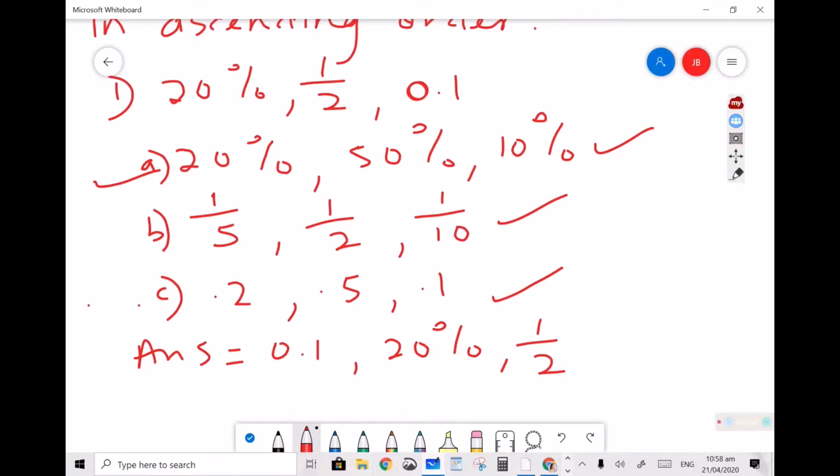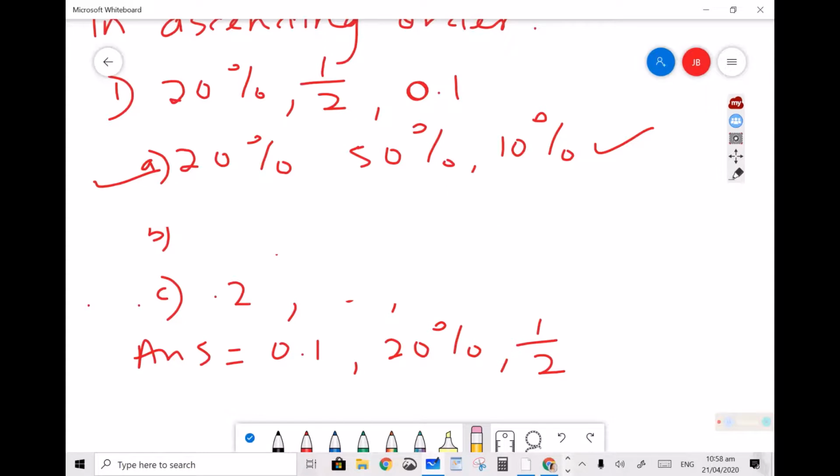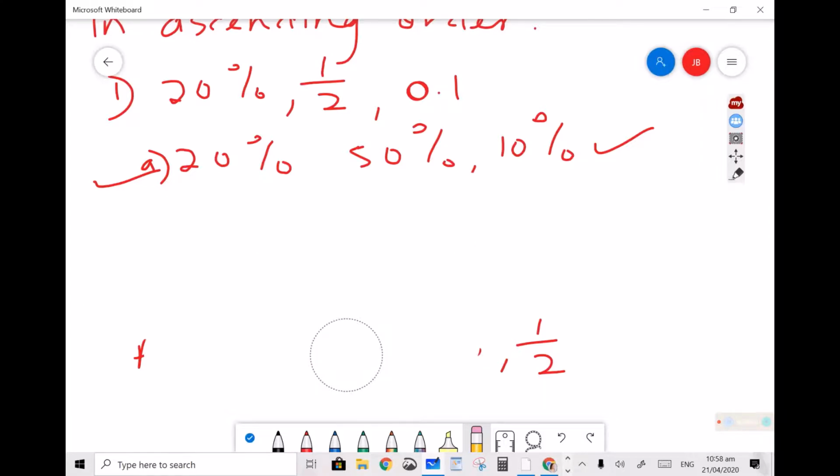Okay, so as I say, if it was me, I would have chosen possibly option A first. Okay, so in other words, my working would have basically looked like this: 20%, 50%, and then 10%.